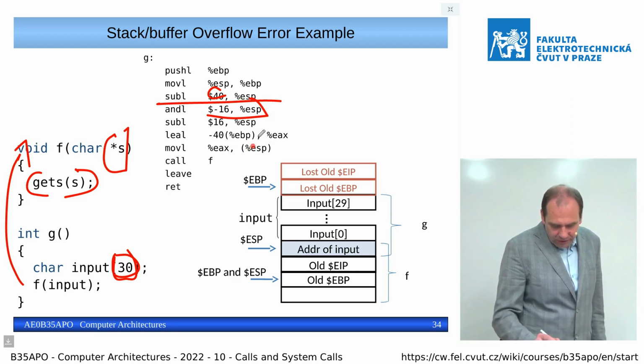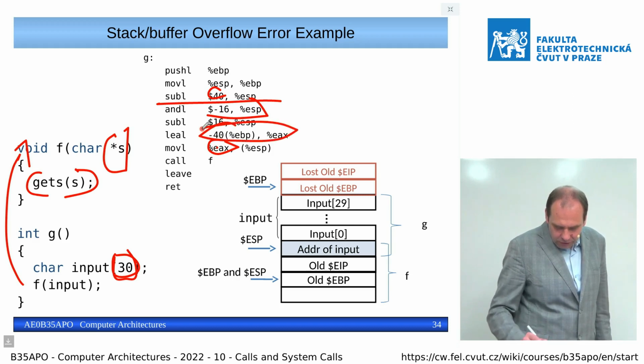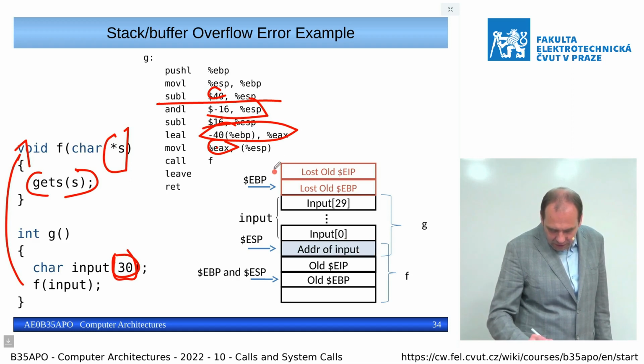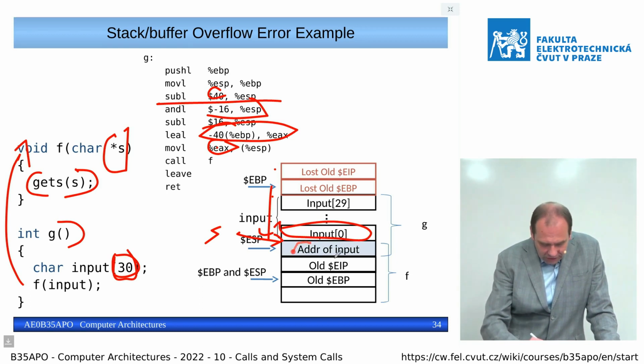Then it puts the argument, yes, EAX, which in fact is a pointer to the stack. On the stack we have the stack frame of function g. Then we create the space. We point by the string to some location in the stack. We put on the stack the address of that location.